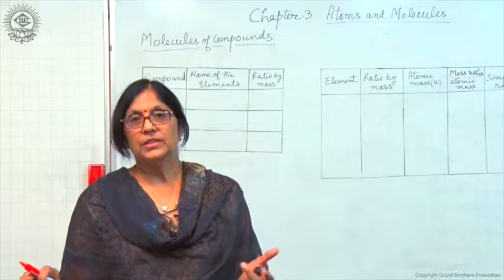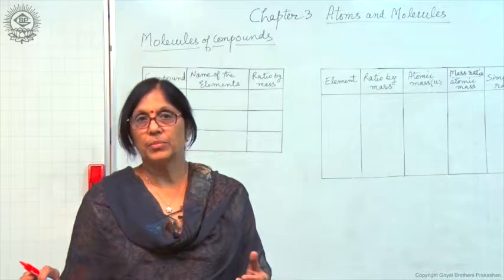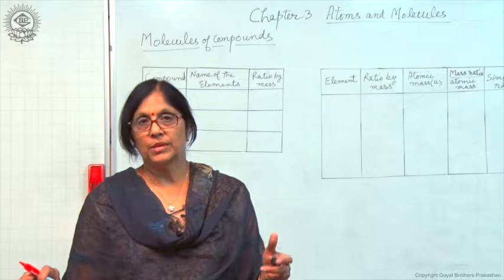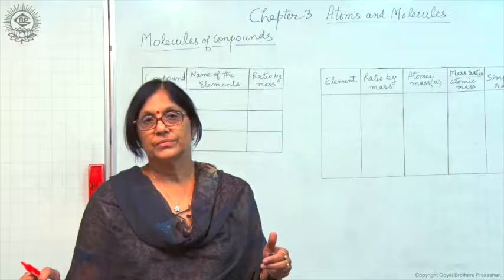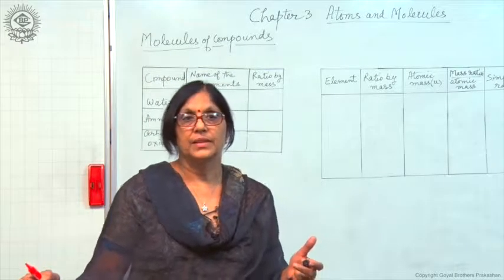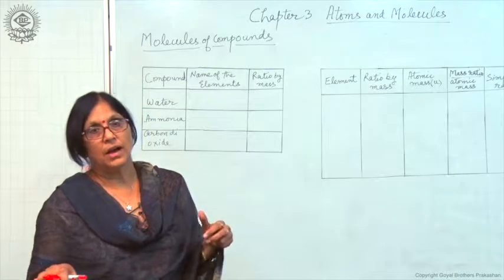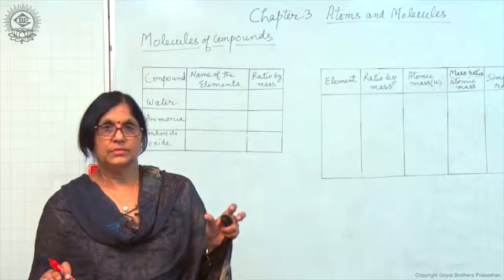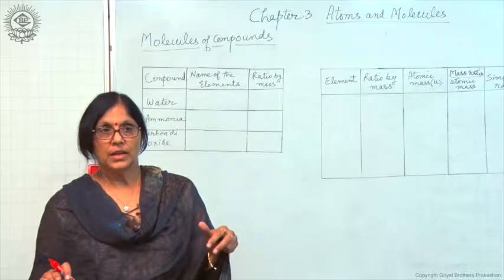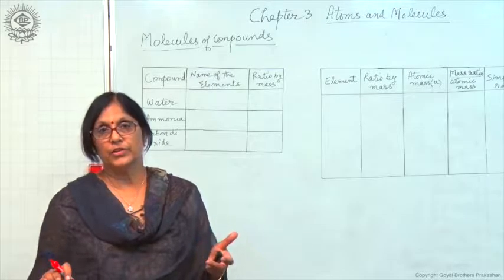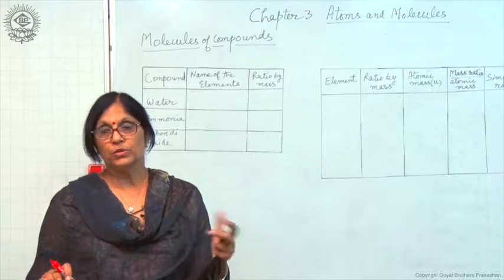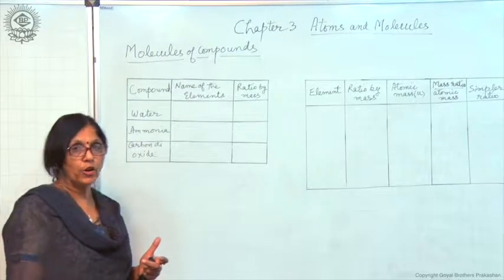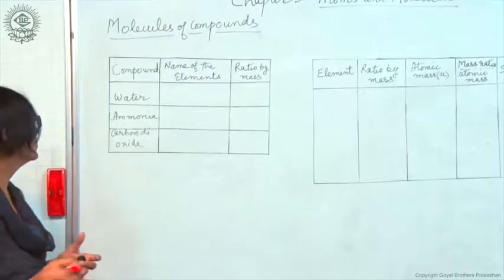So now let us see some examples of molecules of compounds like water, carbon dioxide, ammonia, and see how the atoms of different elements are present in a molecule in a definite proportion, in a definite ratio by mass, and how to calculate this ratio by mass by knowing the atomic mass of the element.